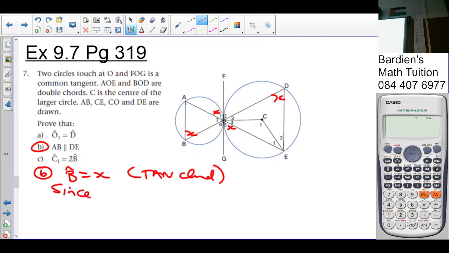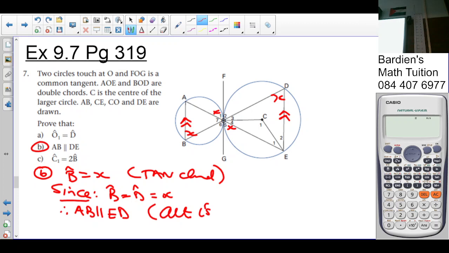Since angle B is equal to angle D, which is equal to X, therefore AB is parallel to ED. Why? The alternate angles are equal. There I can officially put the lines of parallel in there. Okay?